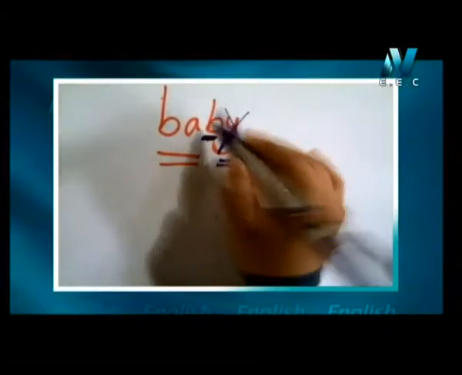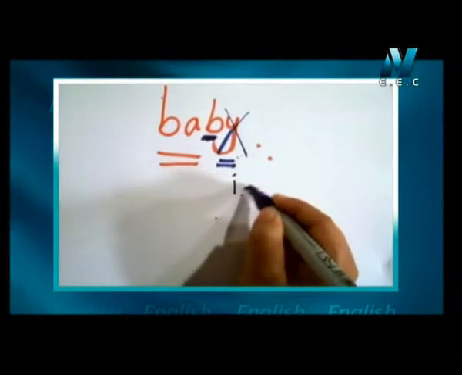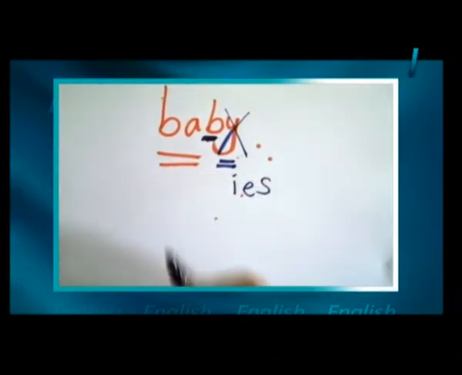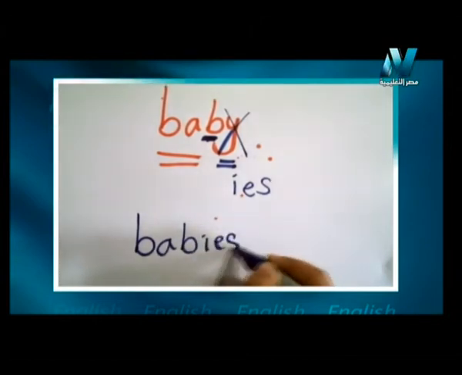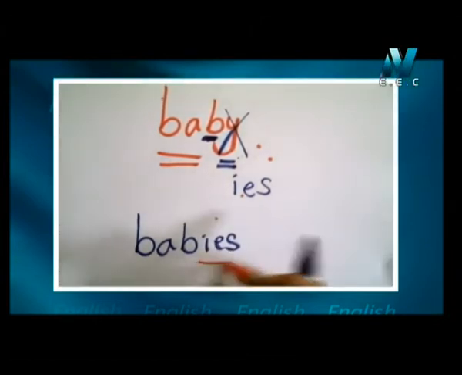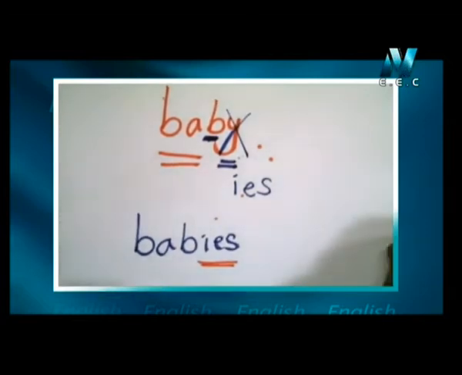I'm going to drop the Y, cross it out, and put I-E-S. It's going to be babies. I-E-S. Again, if I have a word that ends with Y, and before the Y we have a consonant letter, we are going to cross out the Y, drop it, and put I-E-S.